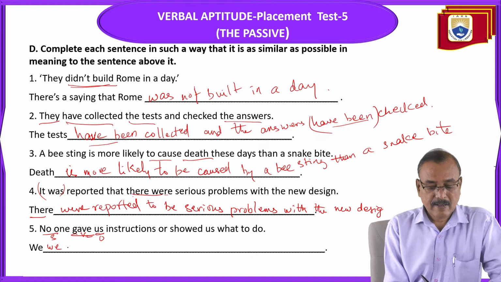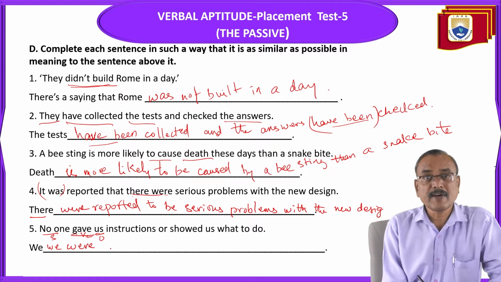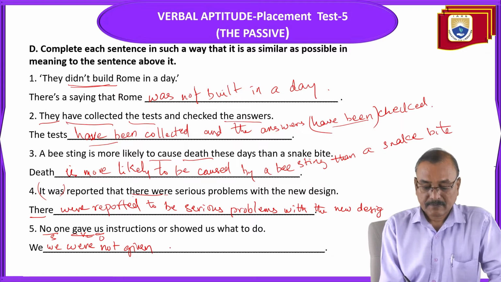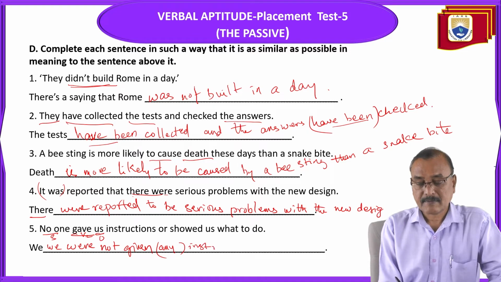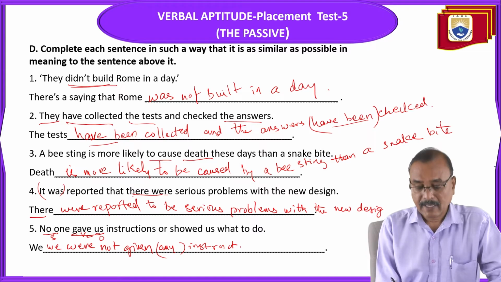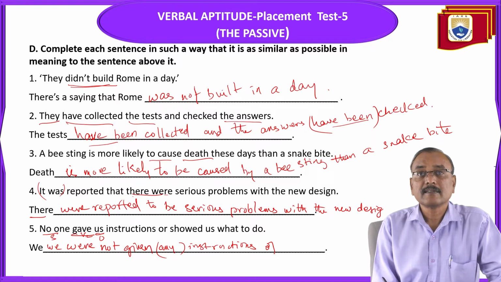We were, negative sentence. We were not given any, we can use any instructions. We were not given any instructions or not shown what to do.